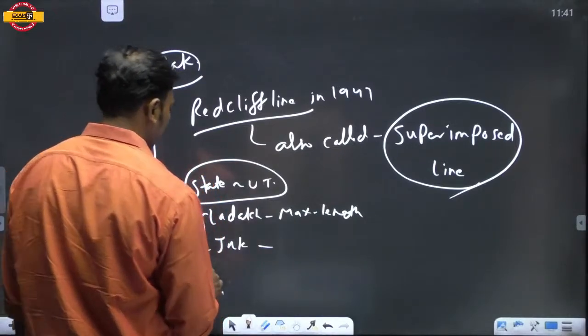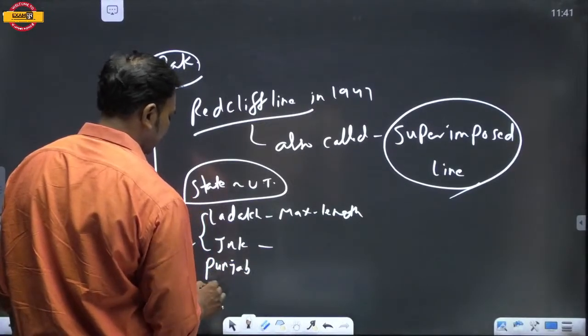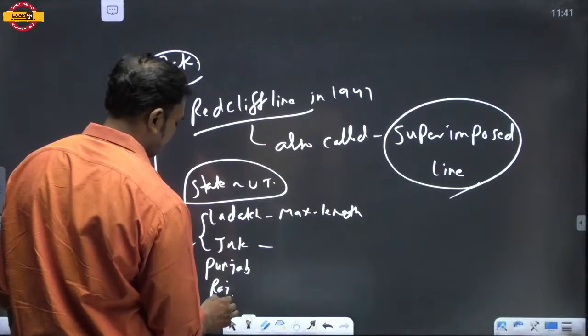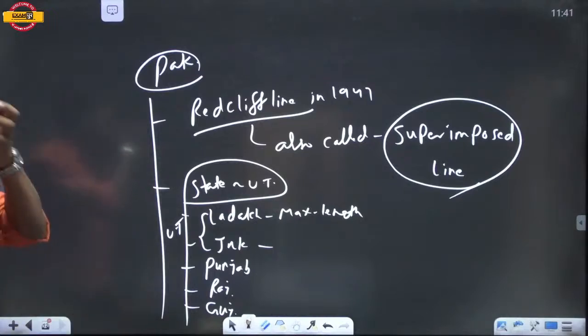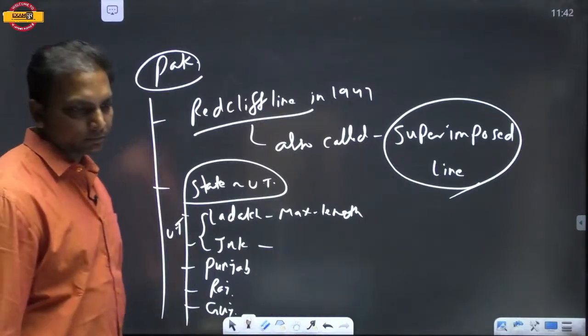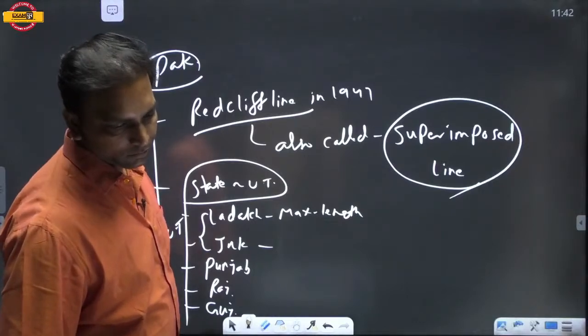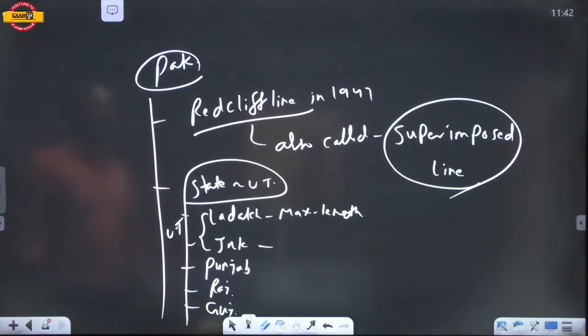And next are the states. Punjab, Rajasthan, and Gujarat. Okay. Punjab, Rajasthan, and Gujarat.